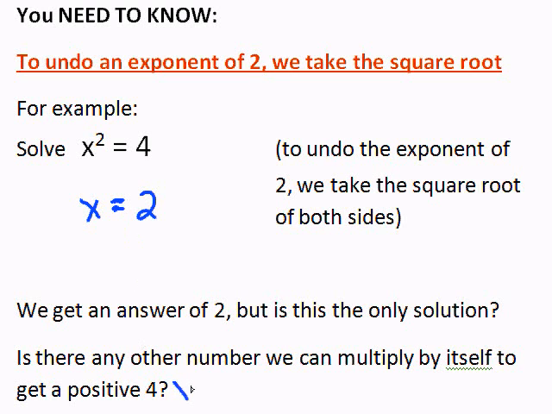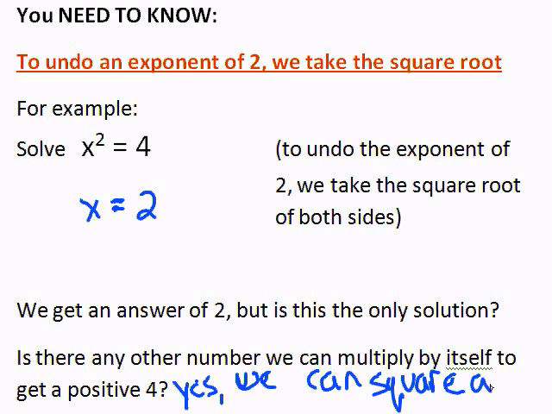The answer is yes. We can square, not square root. Square means an exponent of 2, a negative 2 to get a positive 4. So there are actually two different solutions, x is equal to 2 and x is equal to negative 2.